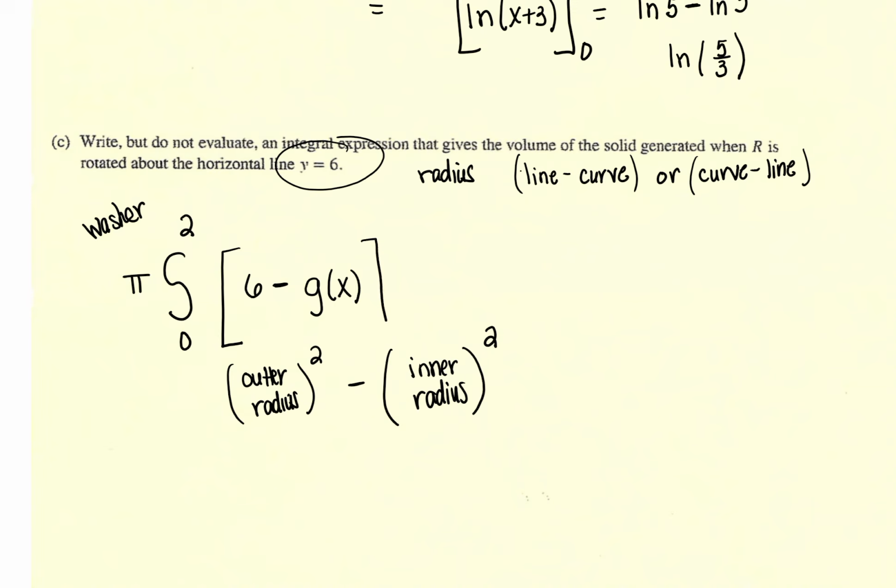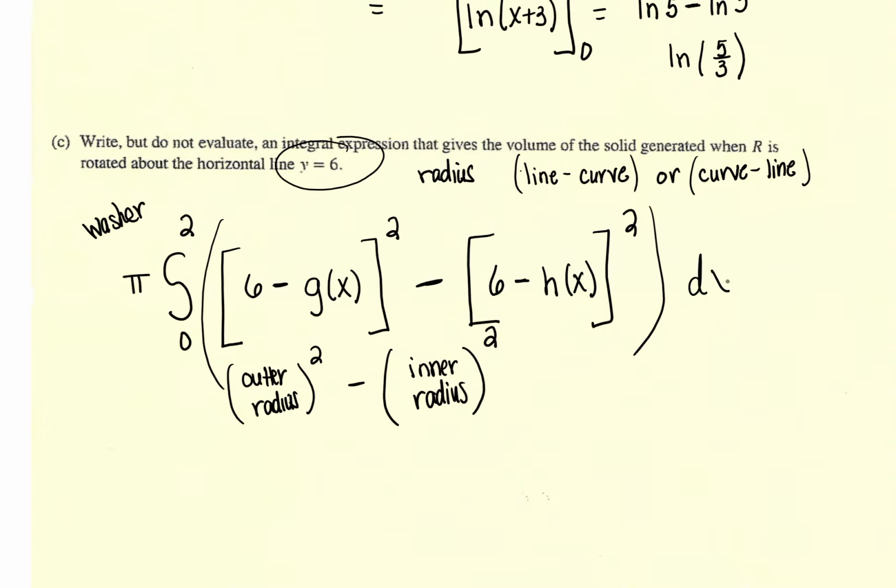Go back up there if you need to and look at your picture. Squared, so this is your outer radius, line minus curve squared, minus your inner radius, which is line minus, we said the inner curve is h of x, squared, and then put a huge dx right there.